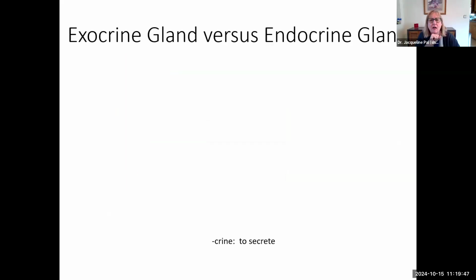So, let's talk about what an endocrine gland is because we have two basic types of glands, and they both end with that root word crine, which just means to secrete.